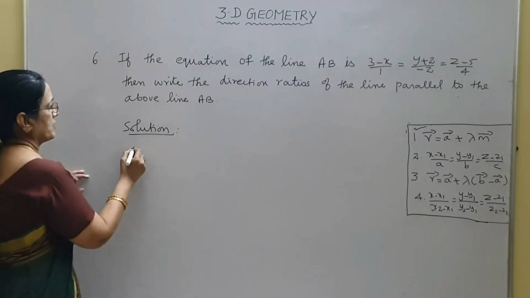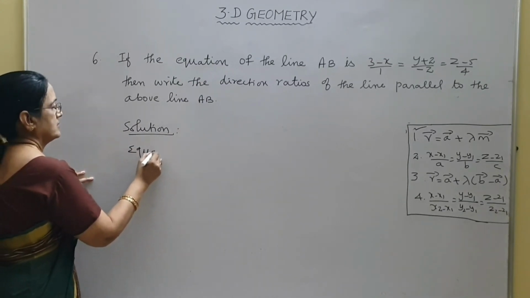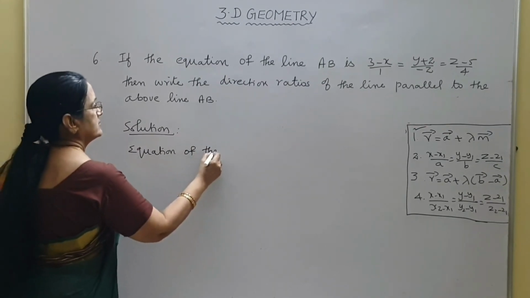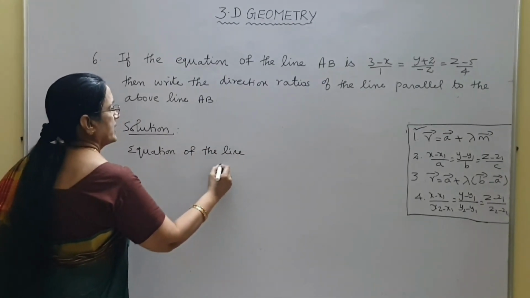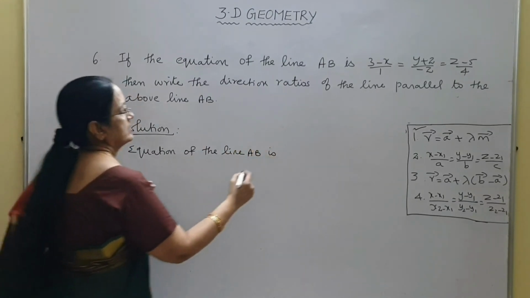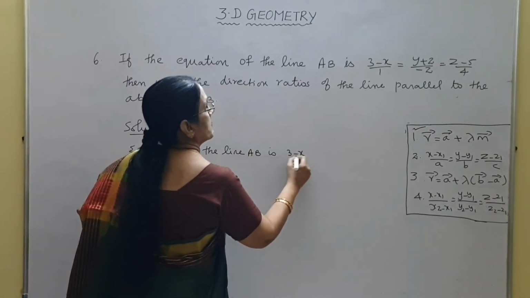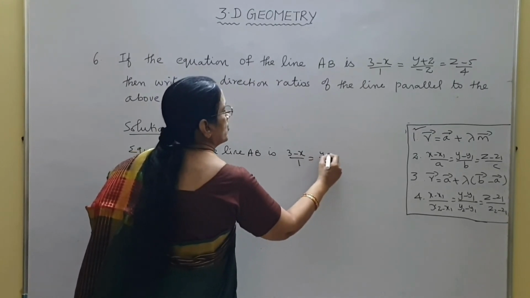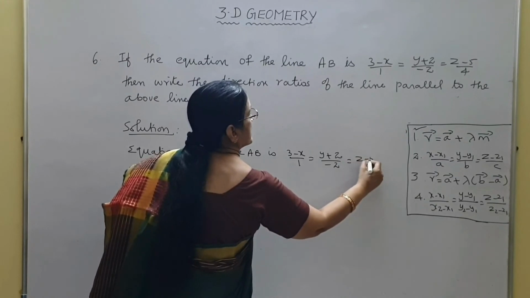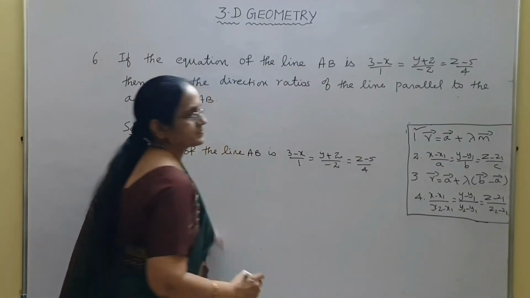What is the equation of the line AB? The equation of the line AB is (3 minus x)/1 is equal to (y plus 2)/(minus 2) is equal to (z minus 5)/4.